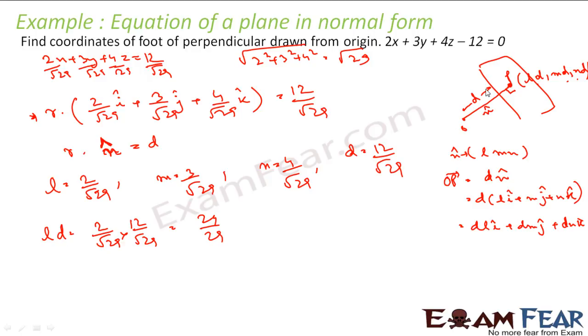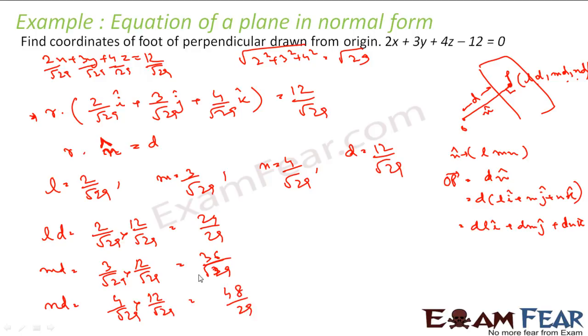Similarly, the second coordinate is md: 3 by root 29 into 12 by root 29, that is 36 by 29. Then nd: 4 by root 29 into 12 by root 29, so it is 48 by 29.